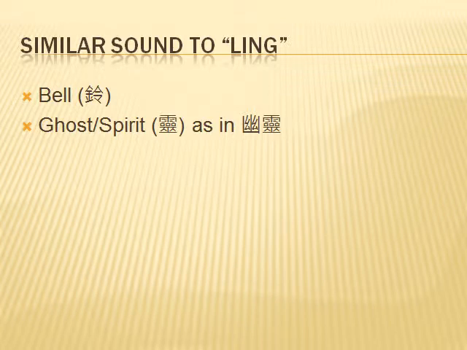Now, as you probably learned by now, there are a lot of similar sounds in quite possibly all languages. You would have similar sounds that represent different meanings. So, for 0, or in Cantonese, leng, it can also be a bell, which you can see as the kanji right beside the English word bell.